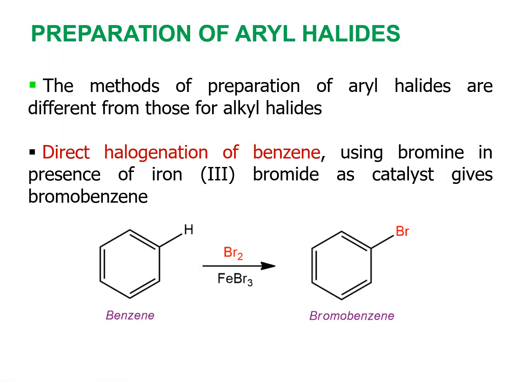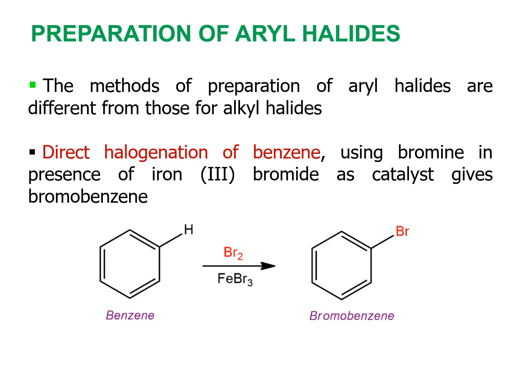In preparation of halobenzene or aryl halide, we are going to talk about direct halogenation of benzene. In this direct halogenation, the catalyst you're going to employ will be determined by the halogenation you are interested in. If you're interested in bromination, you are going to use bromine molecule with a catalyst.